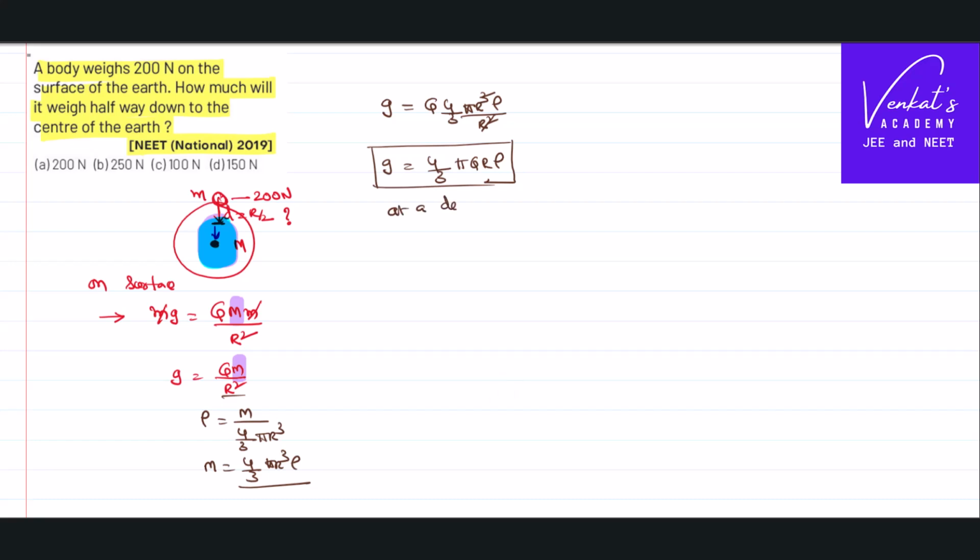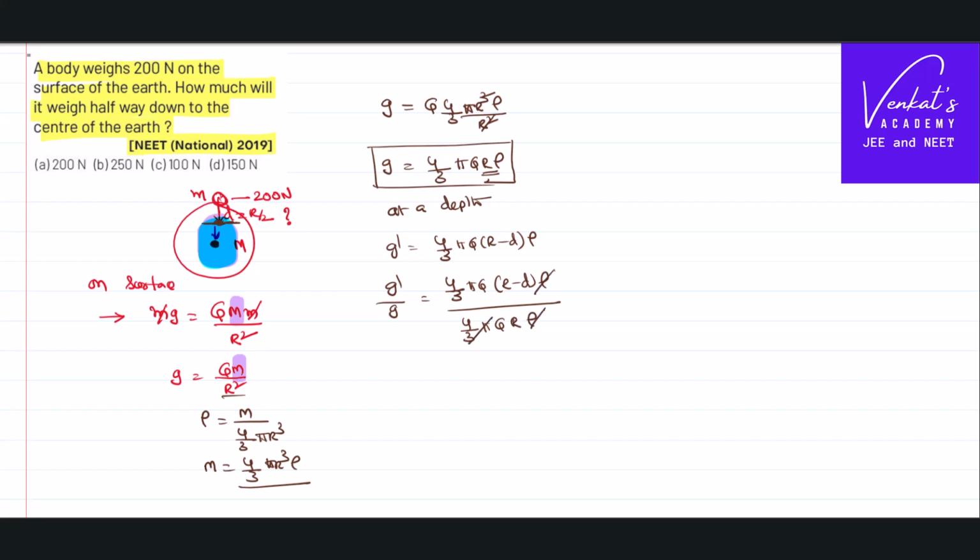So at a depth, the entire radius won't be present. g dash will be 4 by 3 pi G of R minus d, where d is the depth where you are calculating, right? Like the point I have shown here. So g dash by g becomes 4 by 3 pi G of rho by 4 by 3 pi G R of rho.